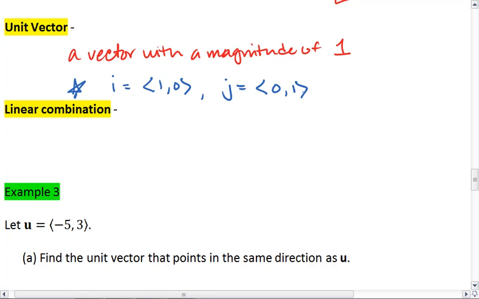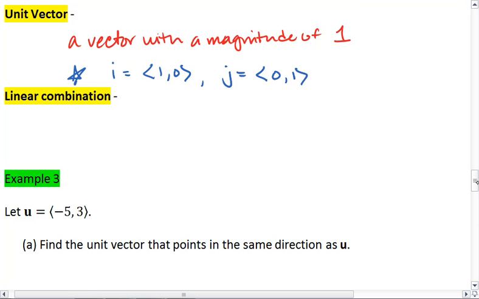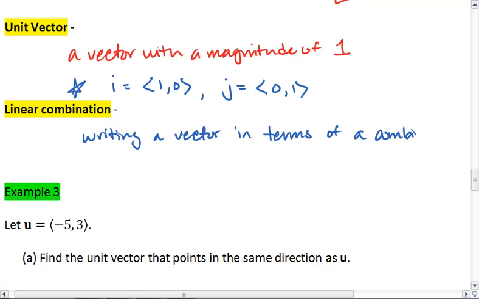What this means is we can use these unit vectors to break the vectors that we've been looking at into a linear combination. Well, what is a linear combination? It is writing a vector in terms of a combination of vectors I and j.